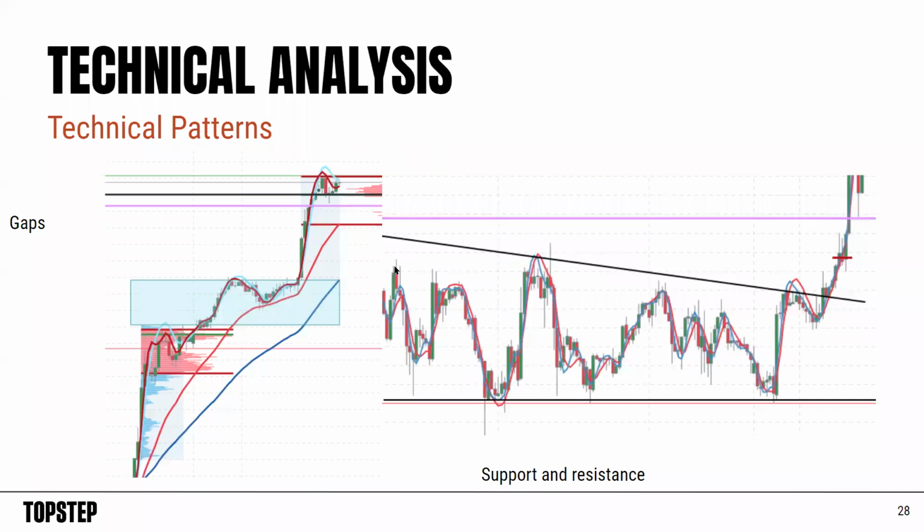When we do see a market that is basically bouncing back and forth between two relatively solid lines, that gives us the opportunity again to limit risk. If we short at the upper line, we'll get long at the lower line.